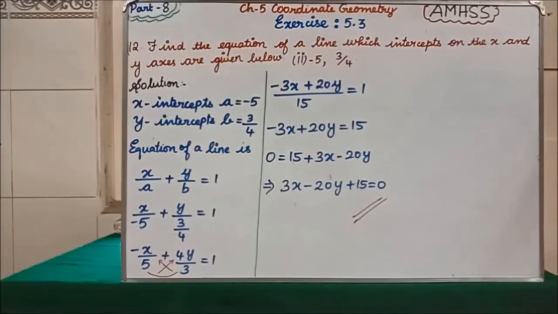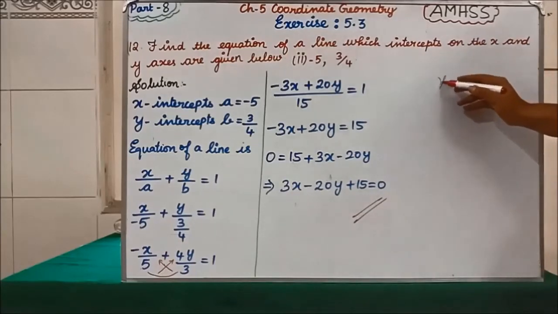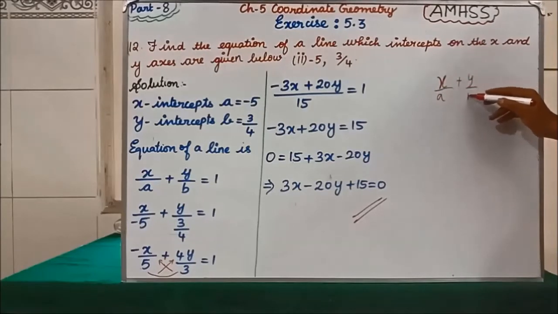You are going to try the first subdivision as homework. In the introduction of exercise 5.3, I told you what intercept means. Do you remember the formula for x intercepts and y intercepts? x divided by a plus y divided by b is equal to 1, I have told you.